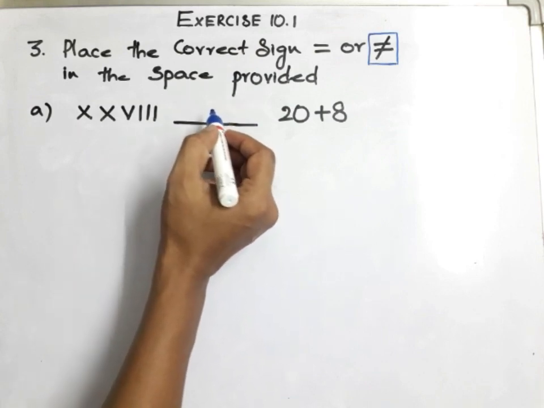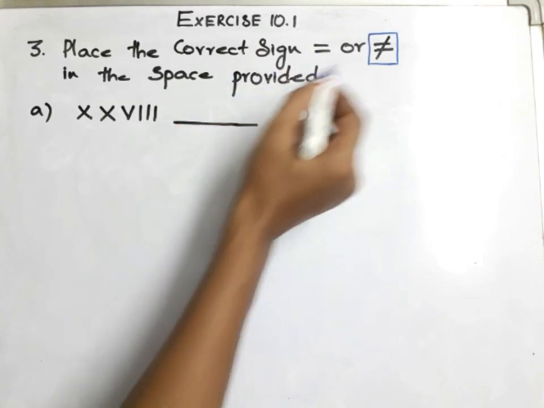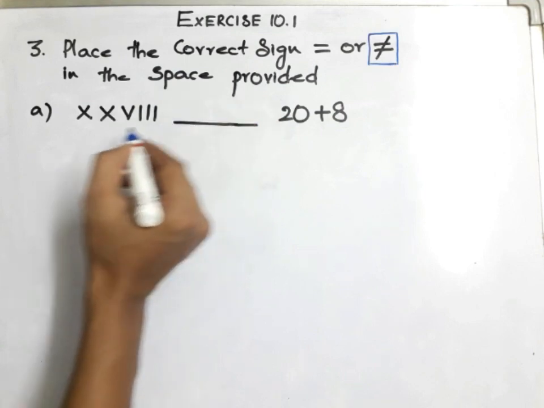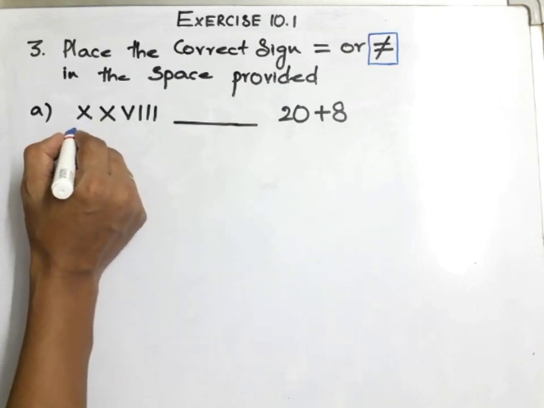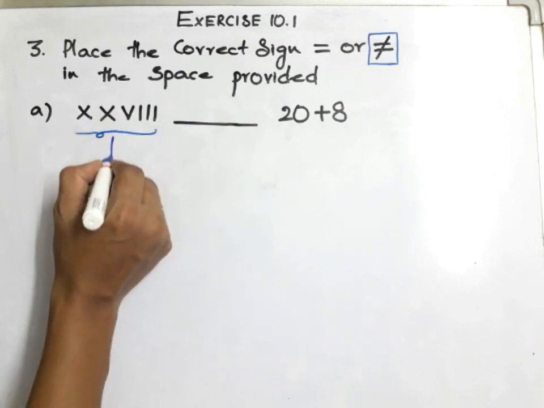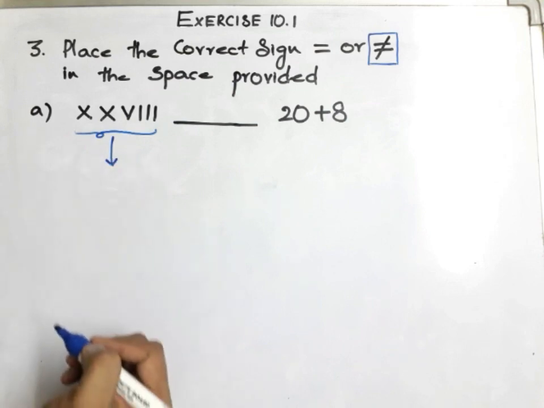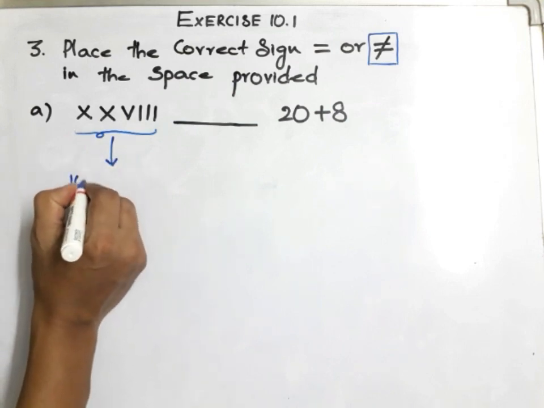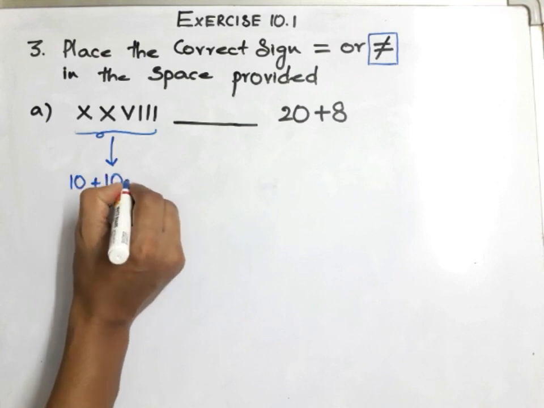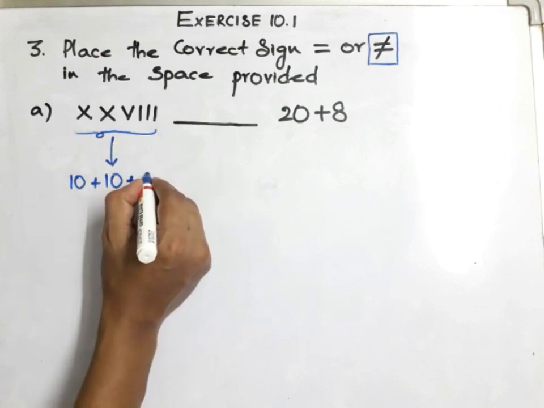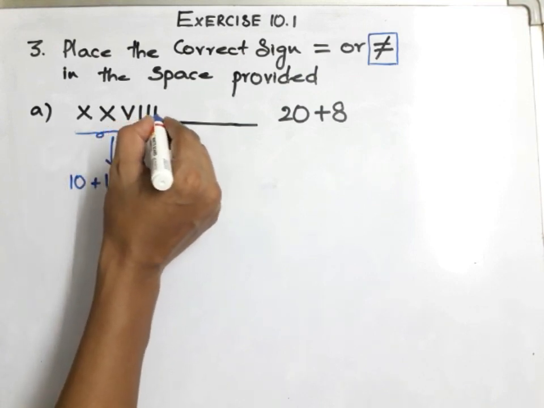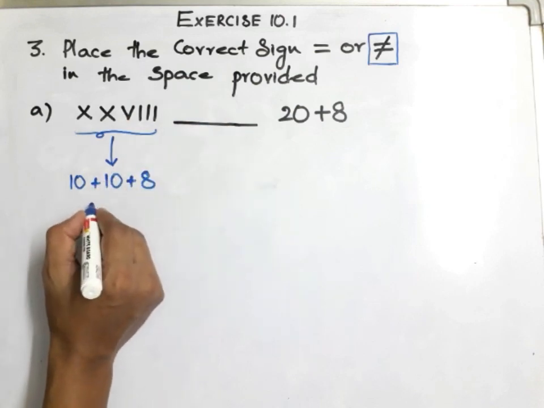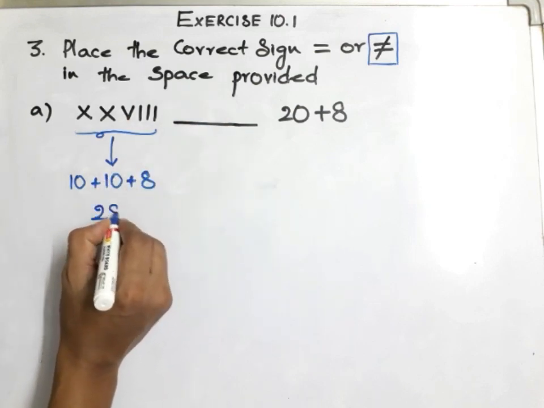So let us see. They are asking whether we have to put is equal to or not equal to in this space. Look, what is the Hindu Arabic value of this Roman numeral? As you know, it is 10 plus 8, or you can write 5 plus 1 plus 1 also, not a problem. So total 28.